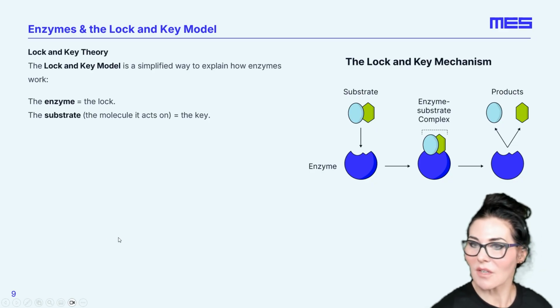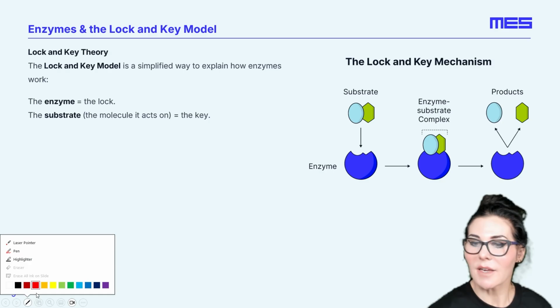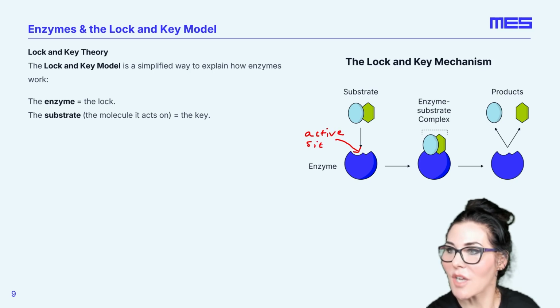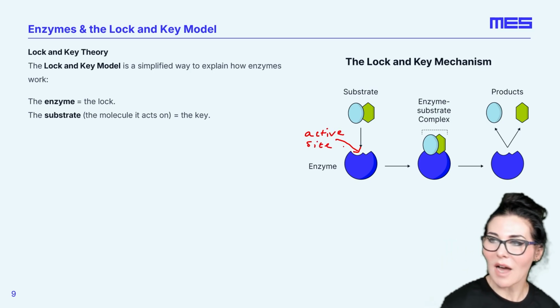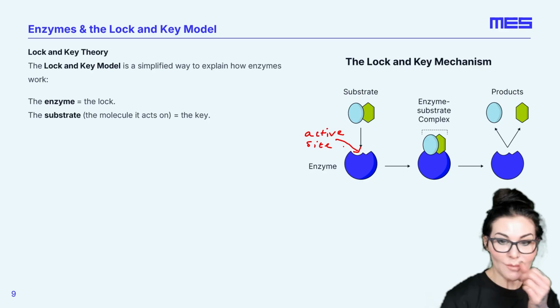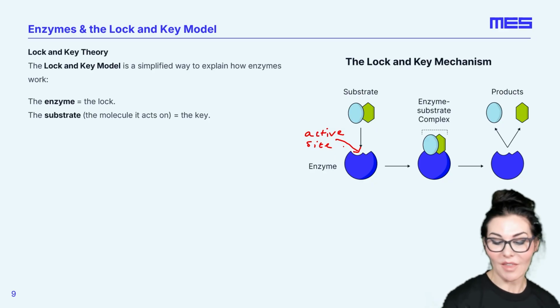If we were to add this onto our diagram here, the active site is this area of the enzyme here. And that shape of the active site will only bind with a particular specific substrate that happens to complement its shape. The substrate is therefore described as being the key in this model.